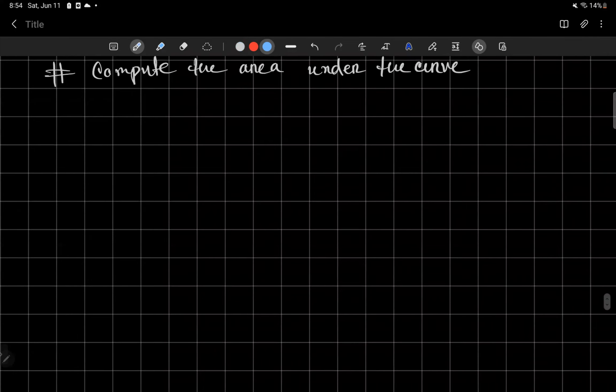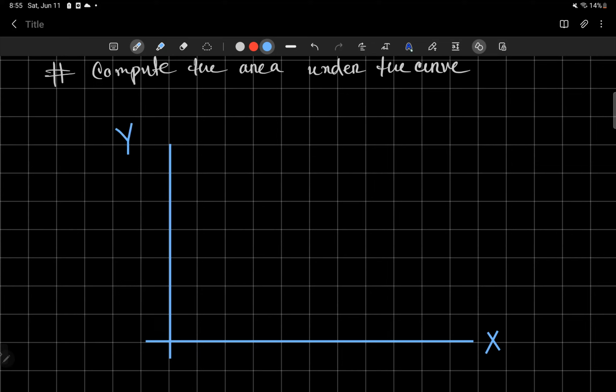Well, let's say you have a coordinate axis like this, and now you have a curve. This is some nice function, let's say f of x. The problem was to compute the area under this curve.